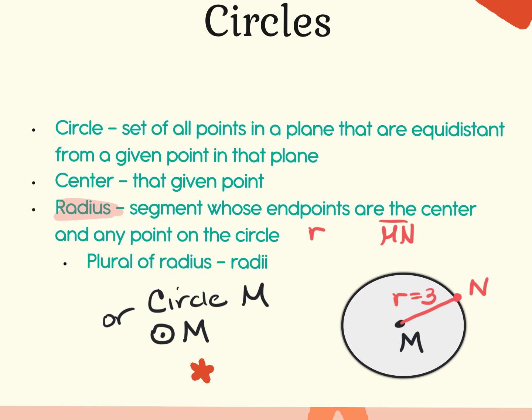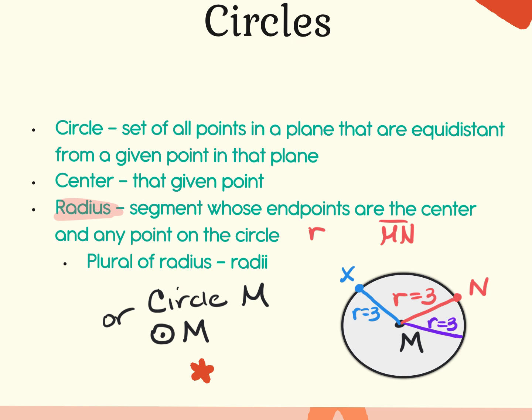No matter where I draw different radii in the circle, they will all have the same measure. So if I draw one over here going to point X, this radius MX would also have a length of 3.